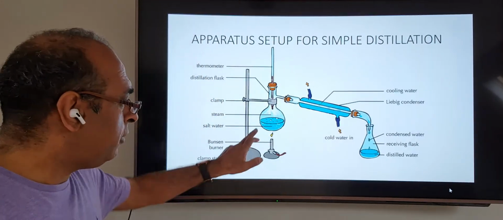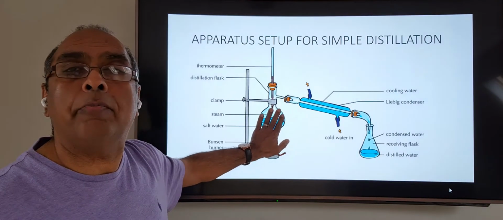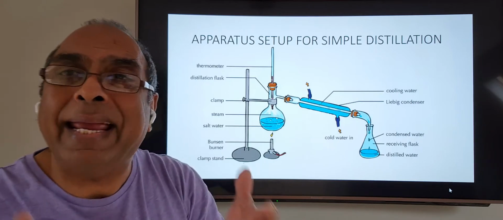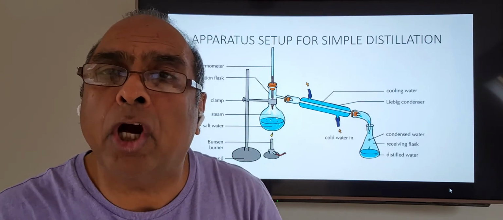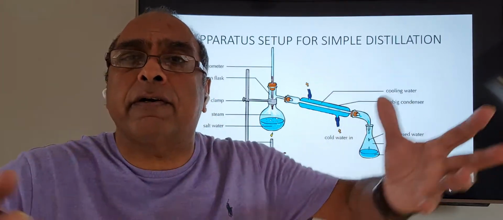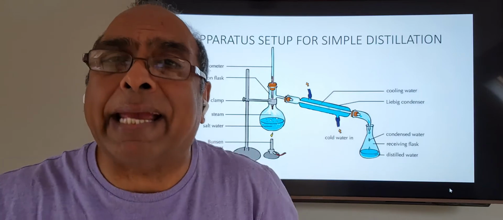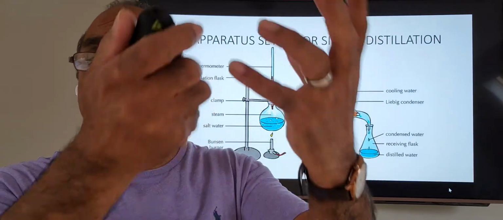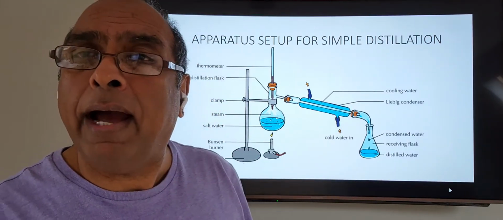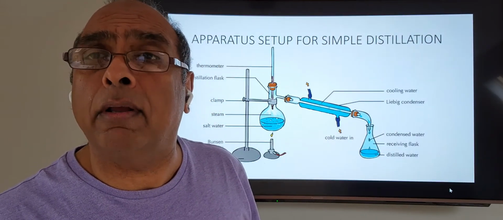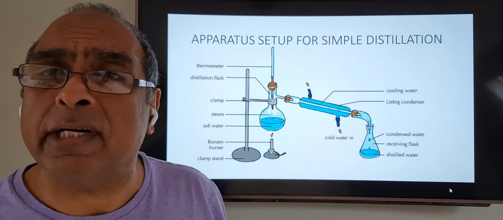Unfortunately, if you were to do it there, as the alcohol boils up, it carries with it droplets of water. Droplets of water go up as the physical bubbling happens, as the boiling happens. So you have coming out the end more pure alcohol, but you've still got some contaminated water.